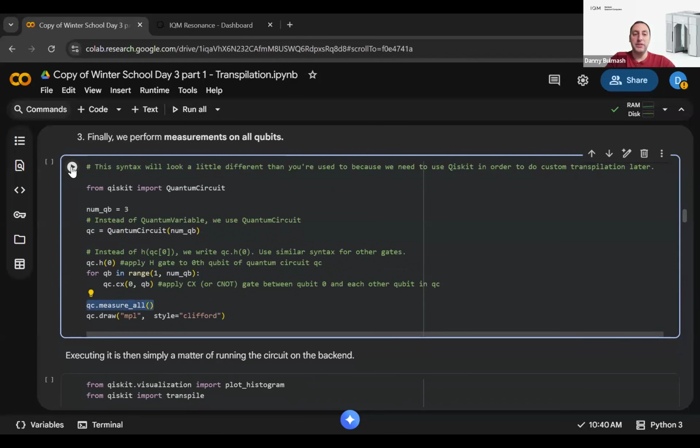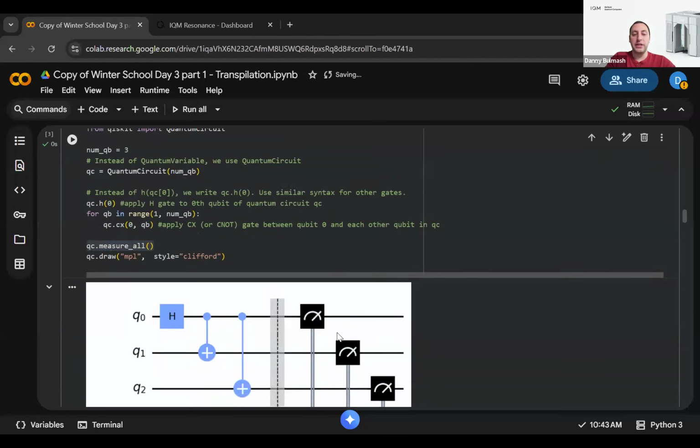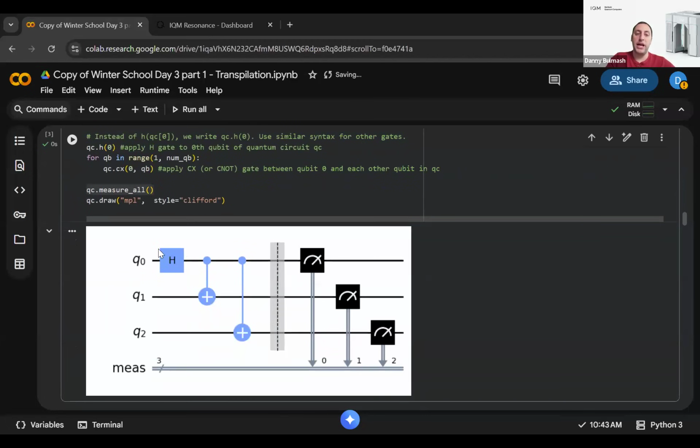Then we measure our qubits, and so our circuit looks like this. We apply a Hadamard gate and then some controlled NOT gates. So this is something we've done before, but the syntax just looks a little bit different today because we're working in Qiskit.